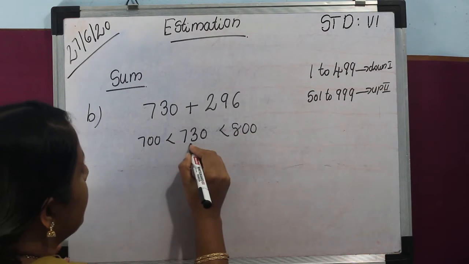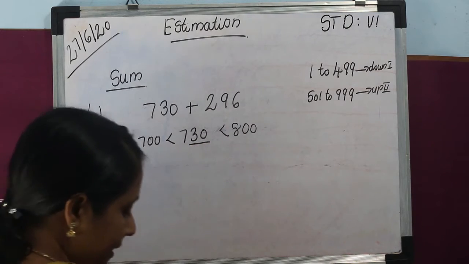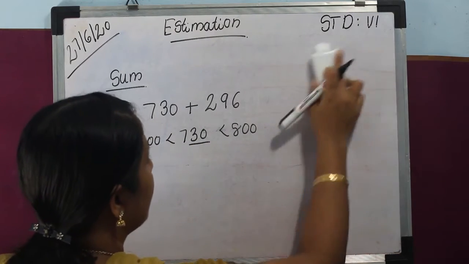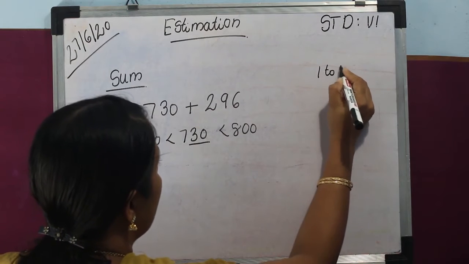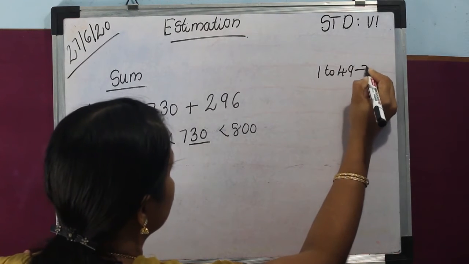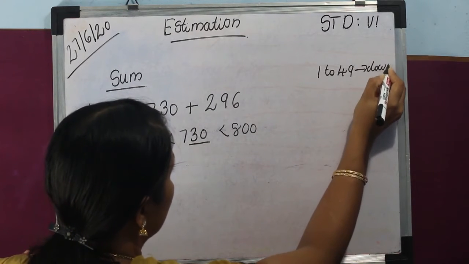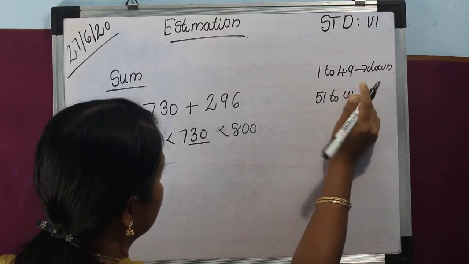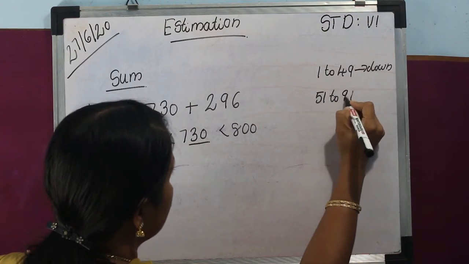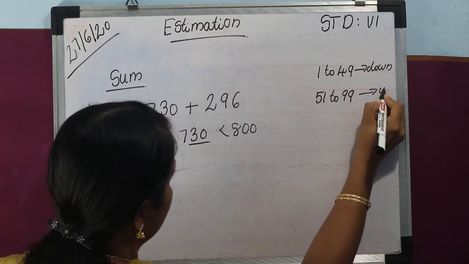Then we take the two digits, that is 30. In this section, 1 to 49 is rounded down to the first number, and 51 to 99 is rounded up to the second number.